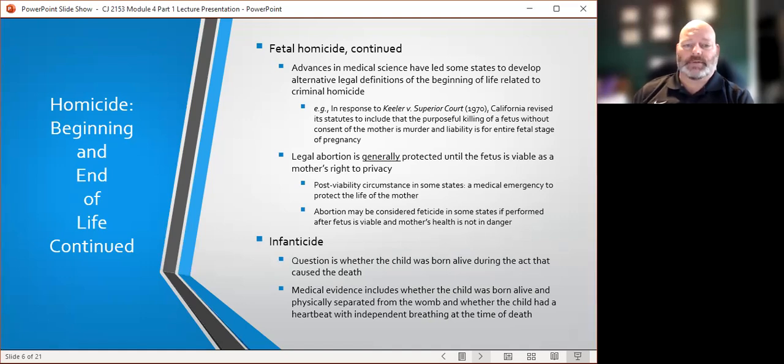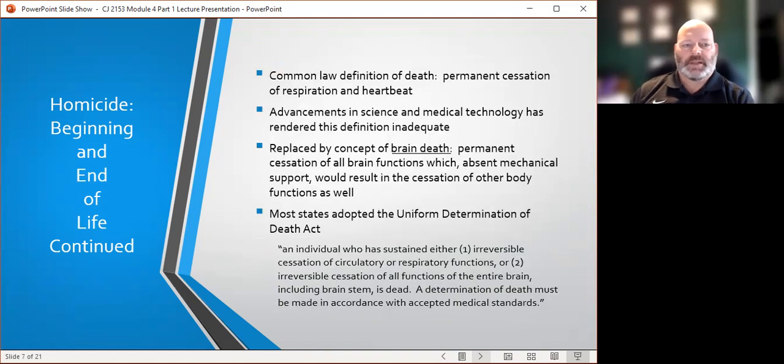Infanticide brings into question whether the child was born alive during the act that caused the death. Medical evidence includes whether the child was born alive and physically separated from the womb, and whether the child had a heartbeat with independent breathing at the time of death. The common law definition of death is the permanent cessation of respiration and heartbeat.